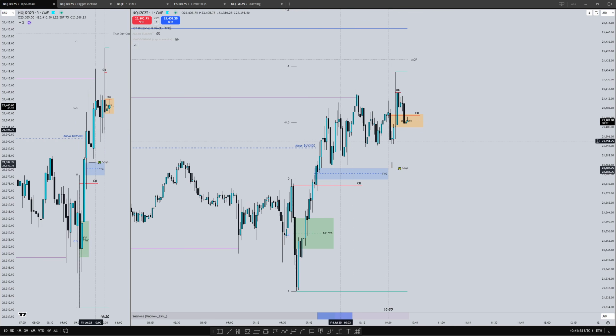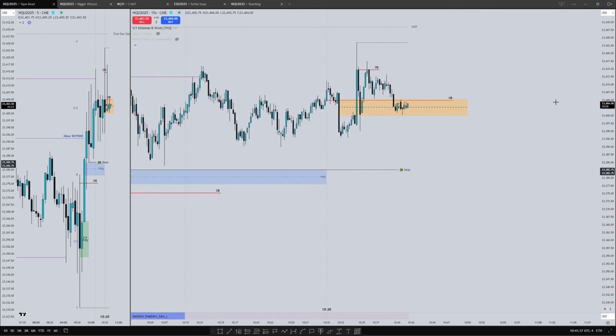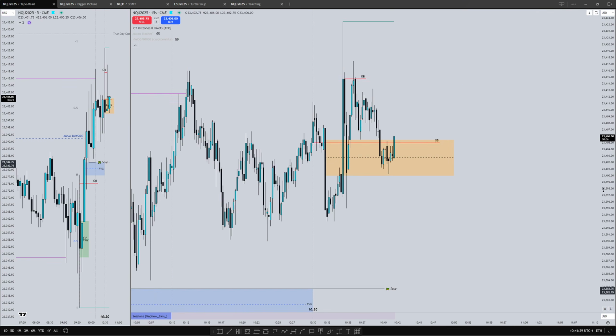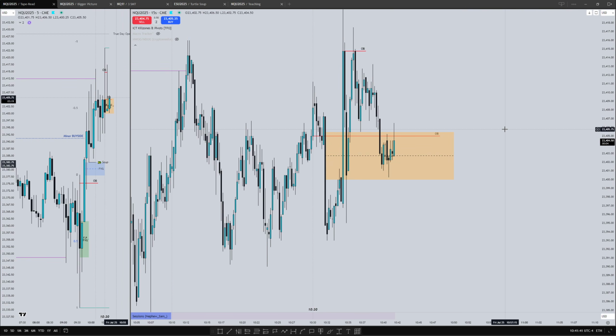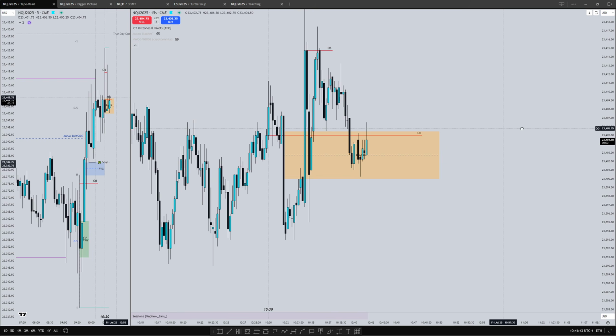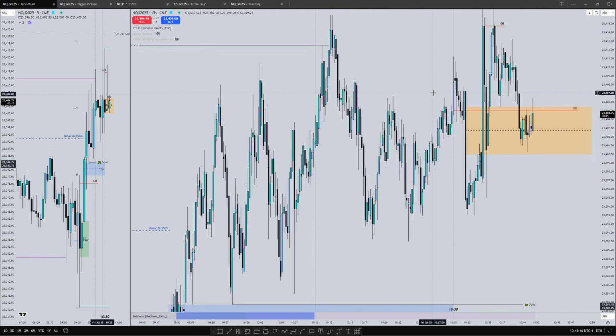Because the likelihood of that being swept out and then going back for the highs is higher, I think, than leaving it and then coming back. Look at the 15-second chart, though. Look at this mess.